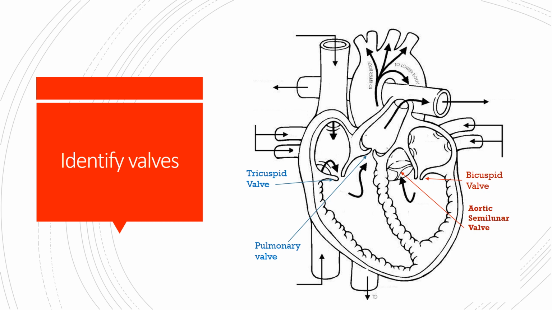The aortic semilunar valve, so blood would come through the bicuspid valve into that thicker walled chamber on the left, the left ventricle, right? It has a lot of force that has to force that blood up through that aortic semilunar valve. And there's so much force because it's got to go through the body, right? You got to try to get this blood all over the place.